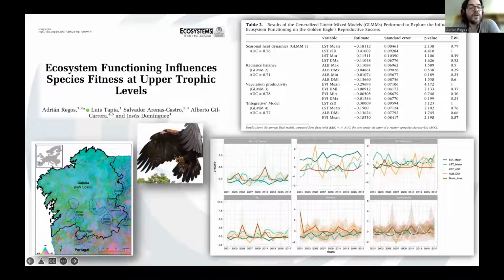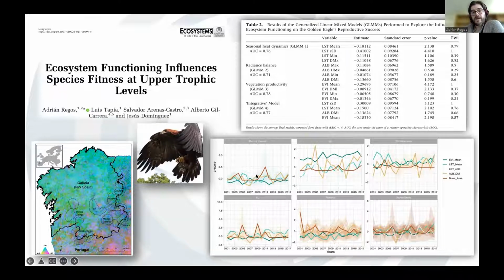We also found that ecosystem functioning influenced the fitness of top predators such as the golden eagle. In this recent paper, we found that the breeding performance of the golden eagles was explained by the seasonal heat dynamics measured through the land surface temperature metrics, also affected by albedo and vegetation productivity.